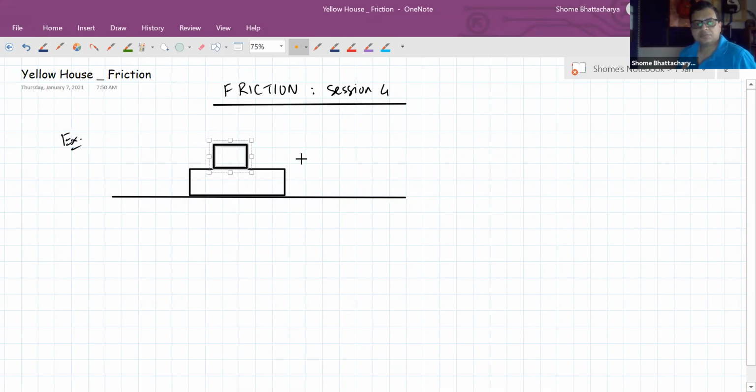The difference this time is, let's take a situation where we apply the force on the block on top rather than on the one below. Okay.